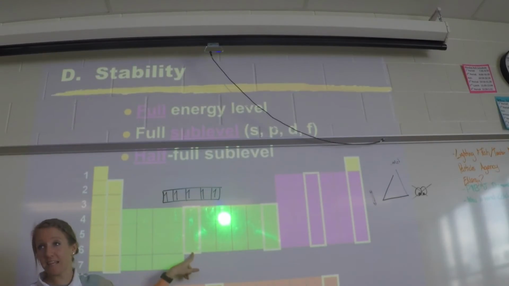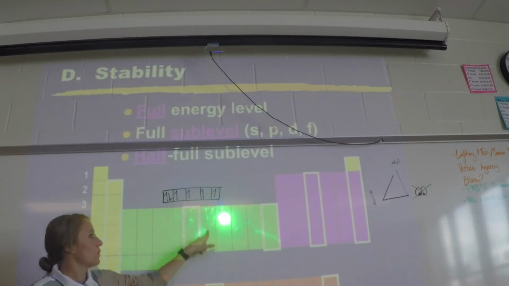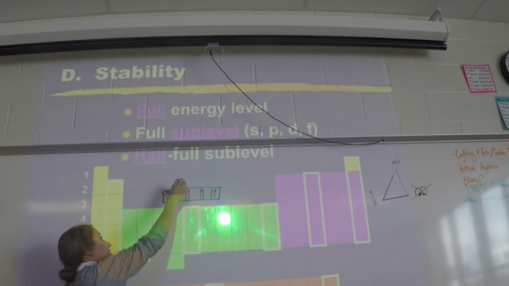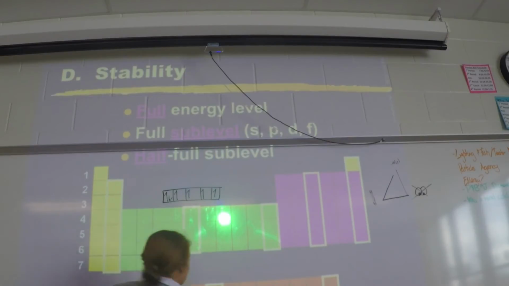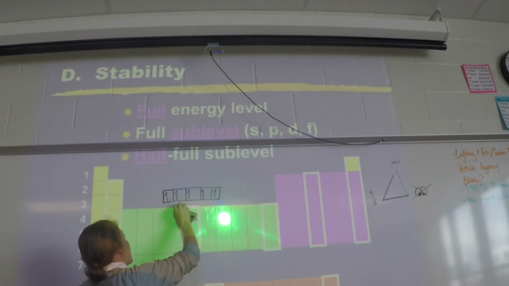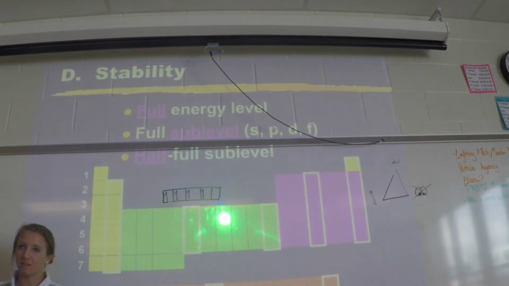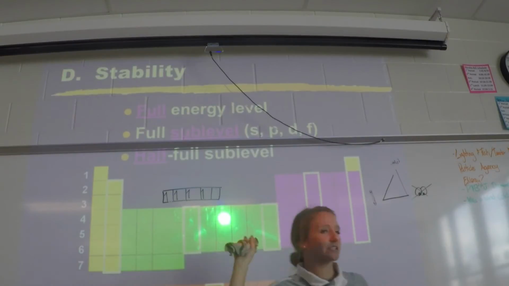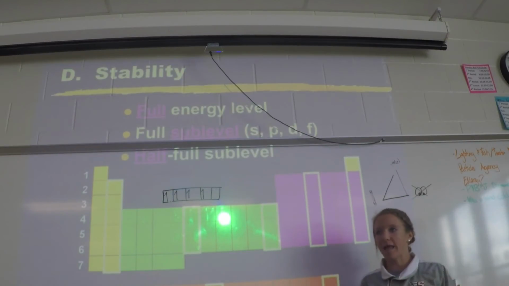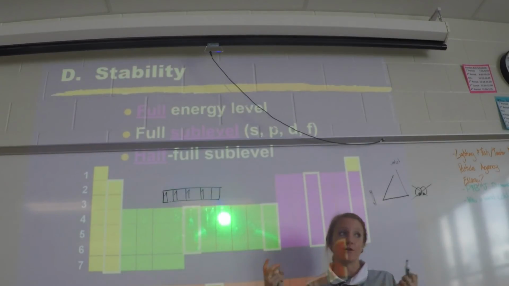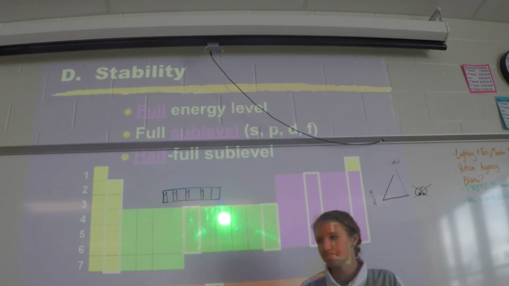This is a little bit more stable than if I add 1 more, or, same thing, if I go the other way and take away 1, it's not as stable either. Having parallel spins on their own orbital is a form of stability in an atom. So this idea of stability helps explain why atoms do what they do: they're trying to find their way to get stable if they're not, and that's why they want to gain or get rid of certain electrons. Okay?